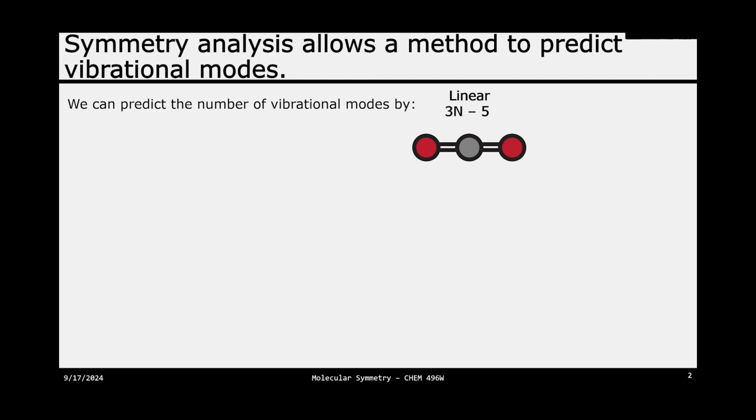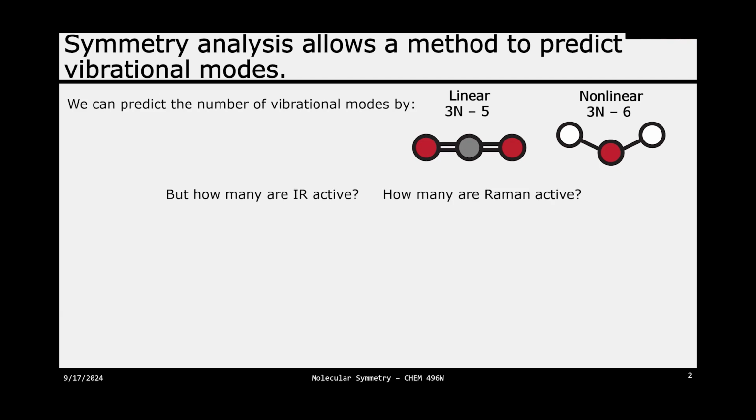So something like carbon dioxide, we can do this: 3 times 3 is 9, minus 5, we get 4. So we have 4 vibrational modes. If we have something nonlinear, like water, we do 3N minus 6, and here we would get 3 vibrational modes. But this doesn't really tell us how many IR active bands or Raman active bands there are.